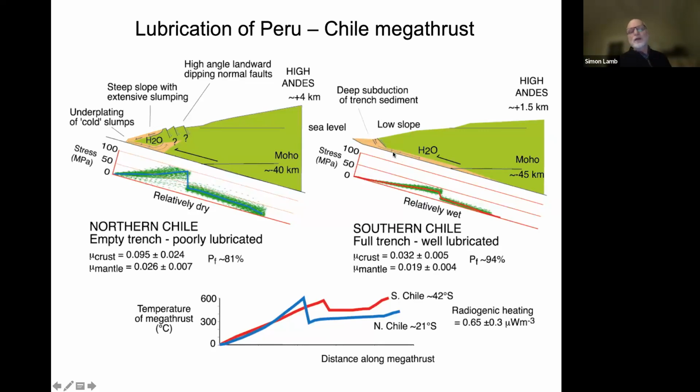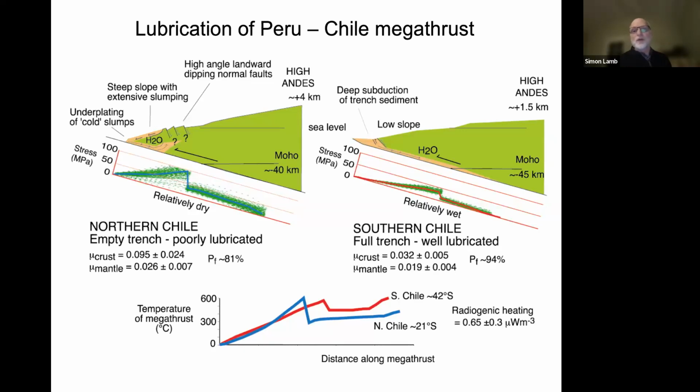Whereas in the southern Andes, the trench is absolutely full of sediment, because it's all glaciated regions. It's a very wet climate, with a lot of rivers draining into the forearc, and that's incredibly well lubricated. Sediment just gets dragged all the way down the system, wet, sloppy sediment, high pore fluid pressures, and so it keeps the shear stresses low.